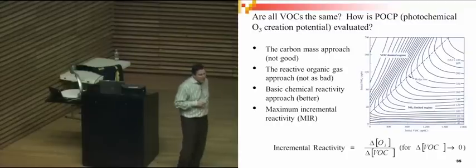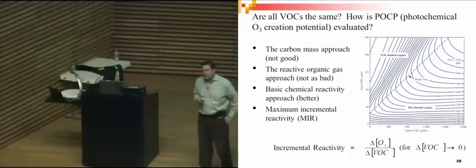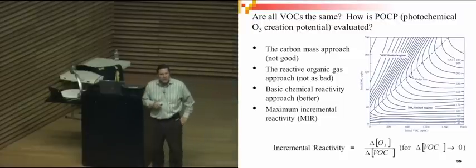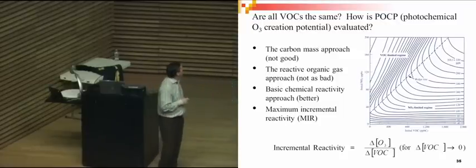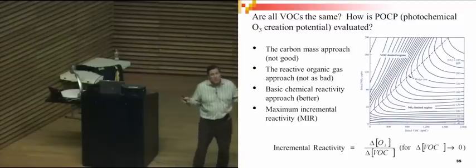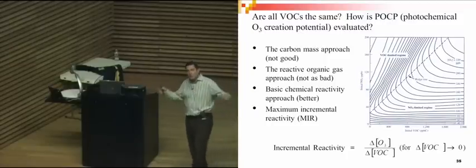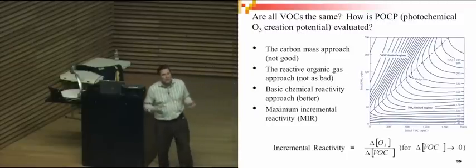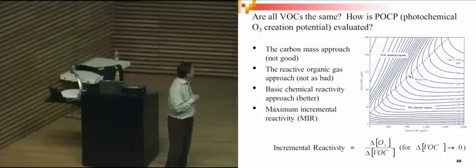Now we've got a couple of different ways to look at ozone concentrations based on VOCs. One method is to use a carbon mass approach. Here, we're looking at all VOCs essentially as if they were equal, so compounds with larger masses would have a larger impact on ozone production.